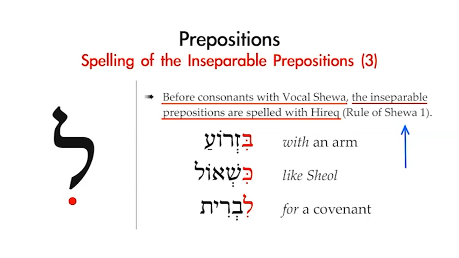Bizroa, kish'ol, live wreath. The vocal schwa has changed to hirik in a closed syllable because of rule of schwa 1. Again, that's why we learn these rules, because we're going to see them applied over and over again throughout the grammar, and you want to make the most of the application of the rule so that you begin to see the patterns, and these changes will not catch you off guard.